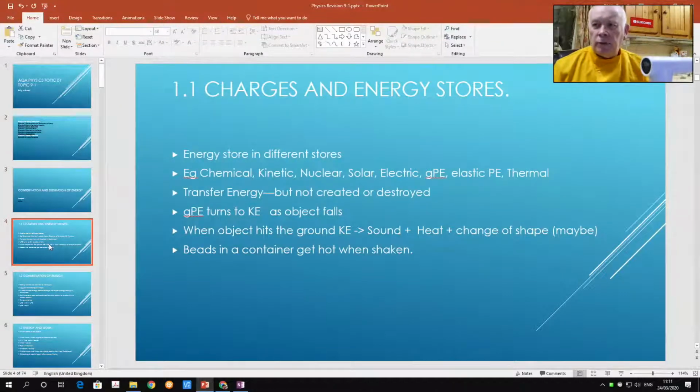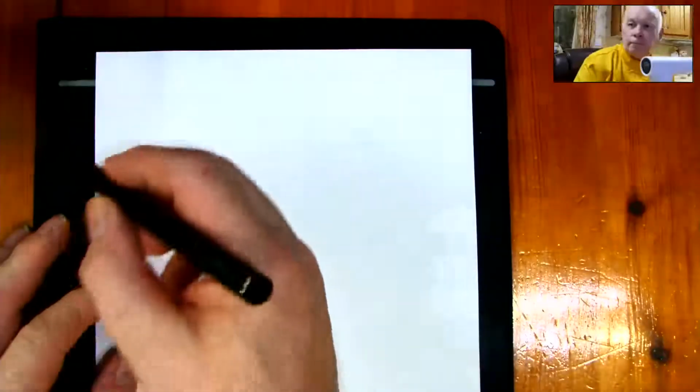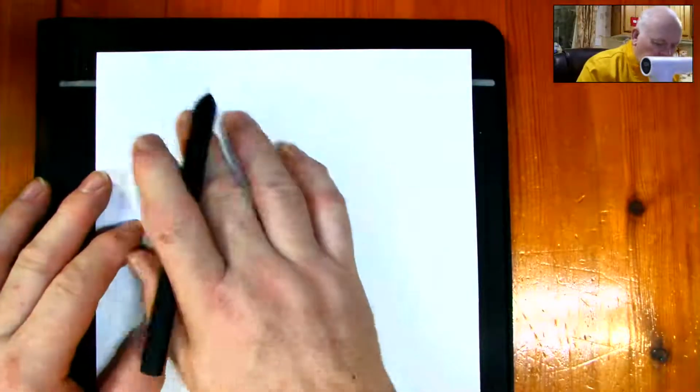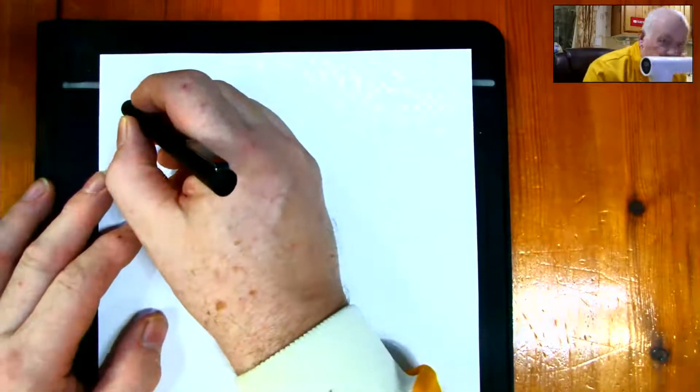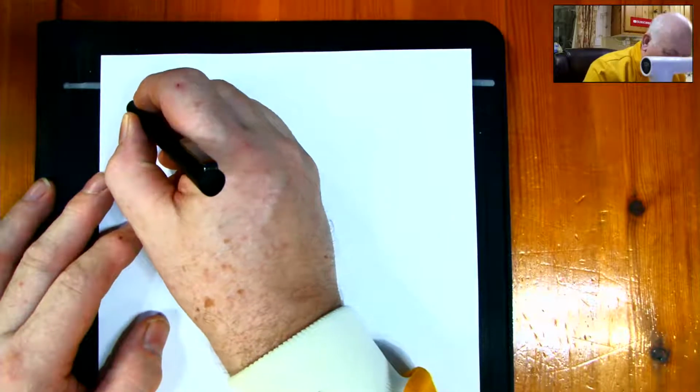And we're going to have a look at the different types of energy stores that we can expect to meet. So energy is stored in a whole variety of different ways, and we need to have some idea about what these are. Right, so energy stored, first of all, as chemical.